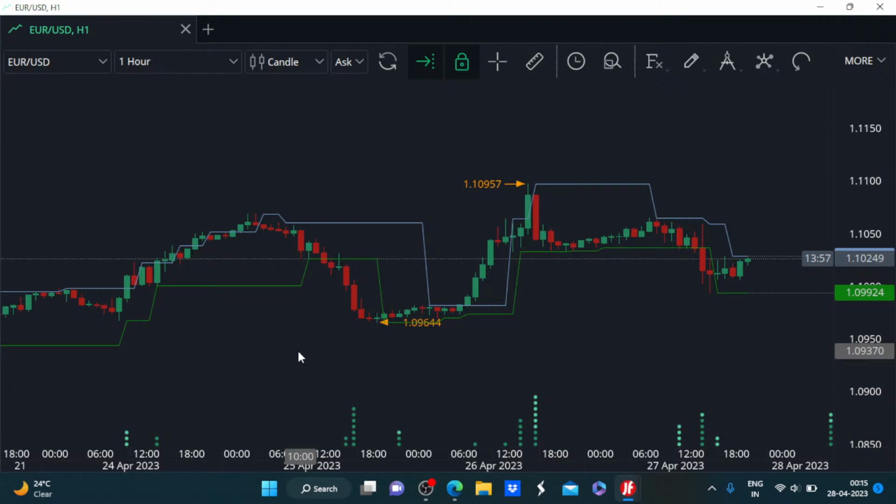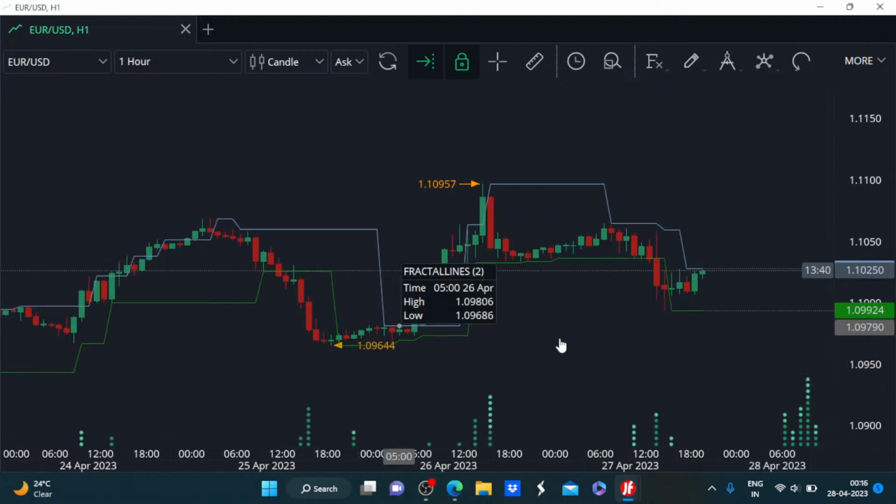And when a prior fractal level gives way and a new breakout is happening and the price is able to sustain the momentum, we will have this kind of move where the breach has taken place and the price continues to trend in the same direction.